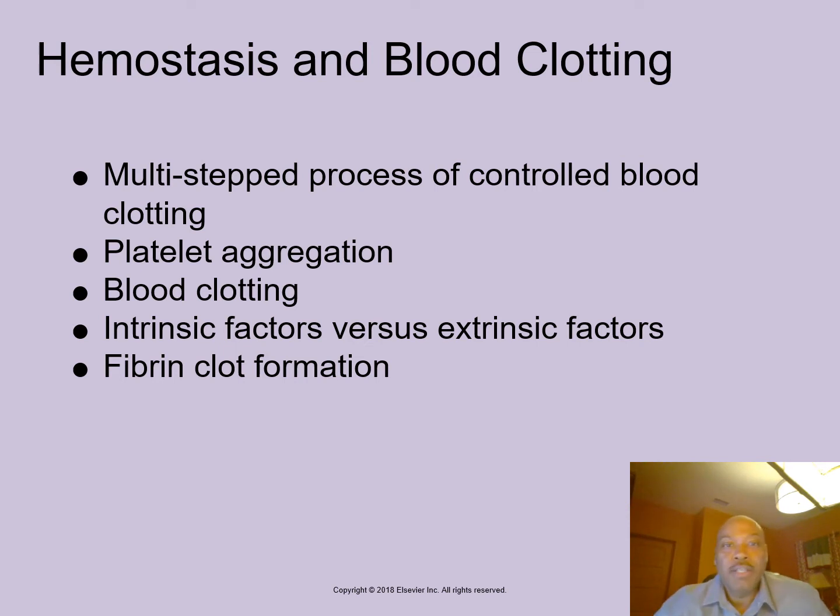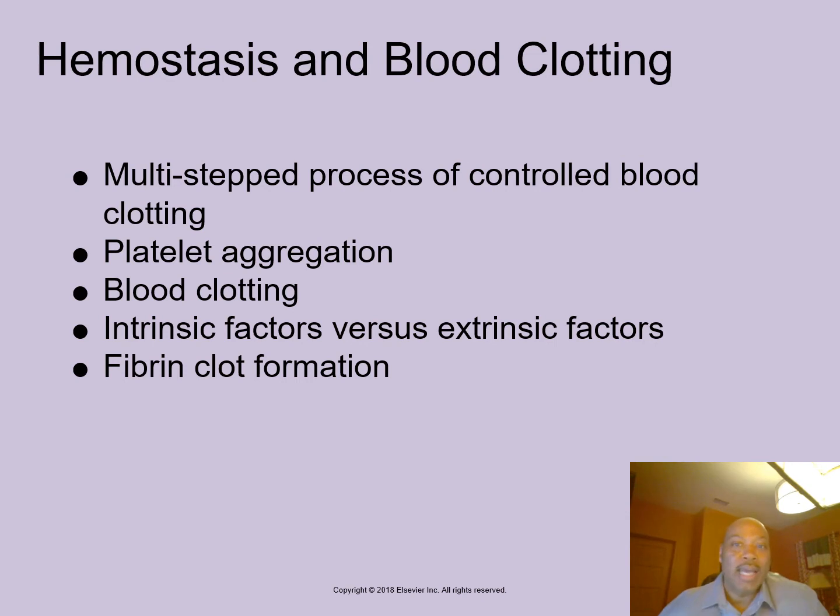Now, there are specific clotting factors. There's calcium, and more platelets are needed to start the cascade of the platelet plug that will eventually become a fibrin clot. Now, these clotting factors are actually inactive enzymes that become activated in a sequence.